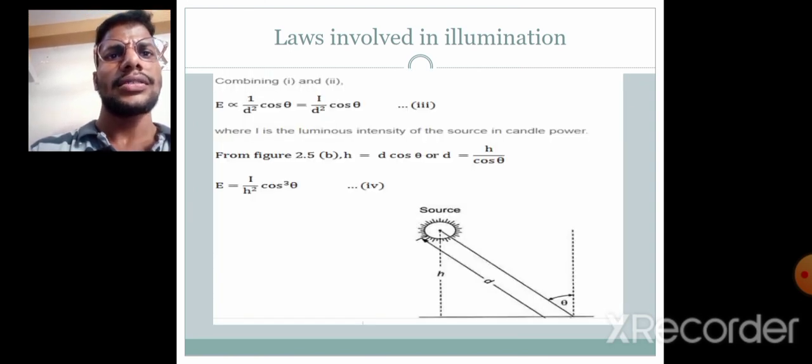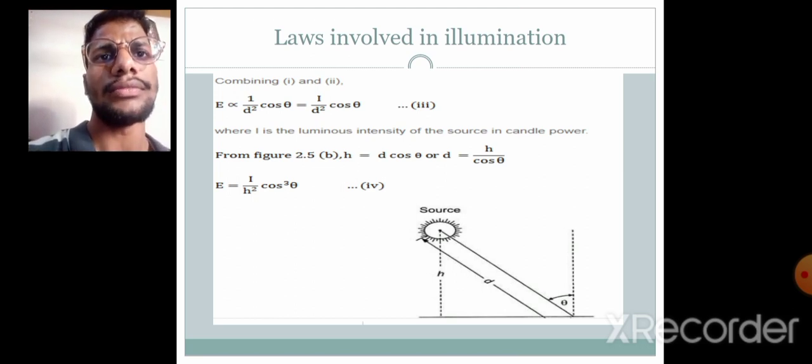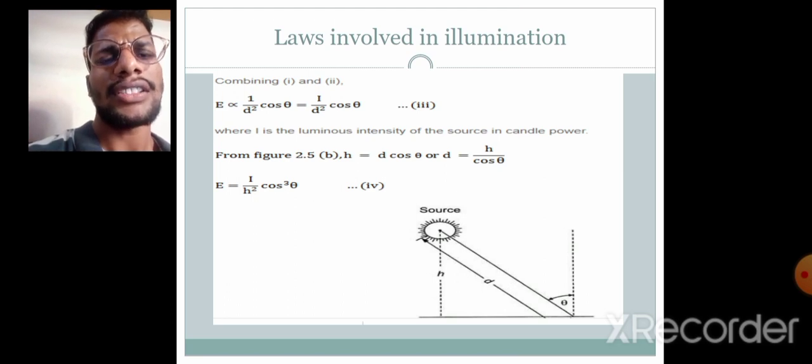From the first law, the equation is: illumination is inversely proportional to the square of the distance, and directly proportional to cos theta.